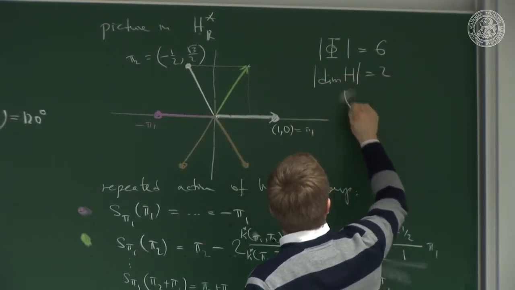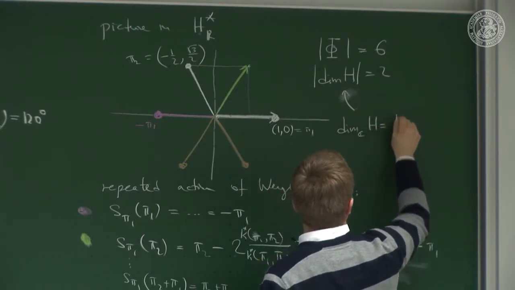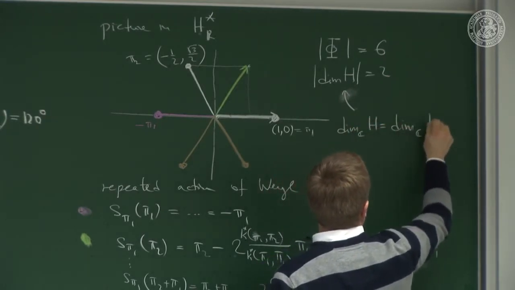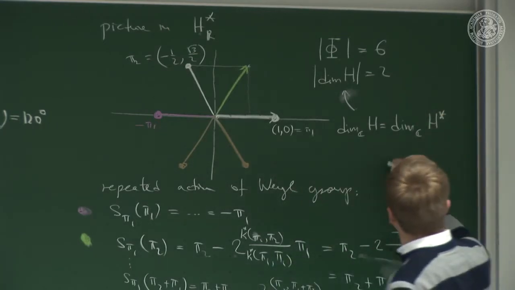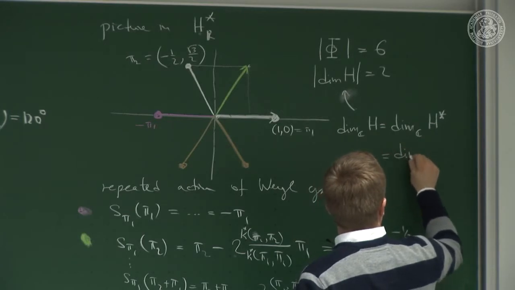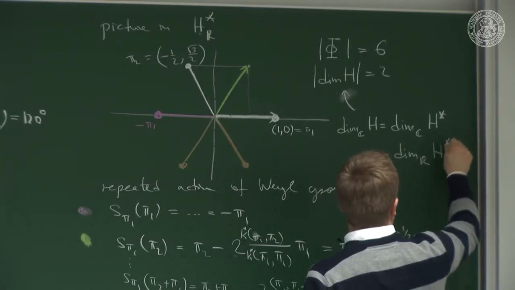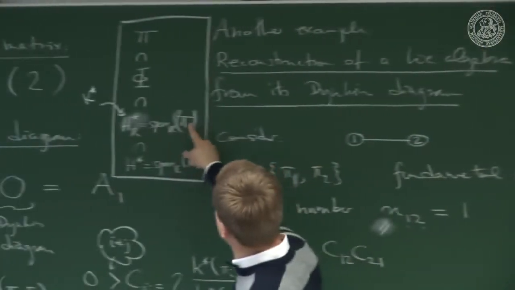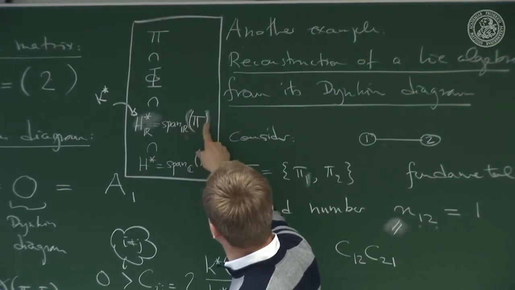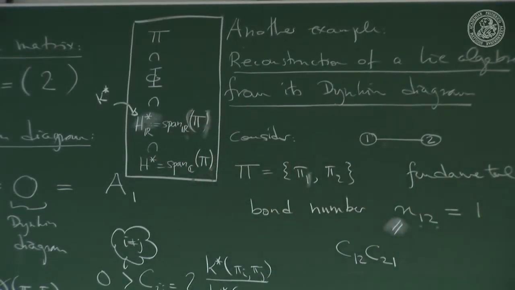Well, the complex dimension of h is certainly the complex dimension of its vector space dual, because it's a finite dimensional vector space, and this is certainly the real dimension of the realification. You can see this from here, right? This has 2 elements, this has 2 elements. The real basis has 2 elements, the complex basis has 2 elements. So the complex dimension is the real dimension, and that is simply 2.